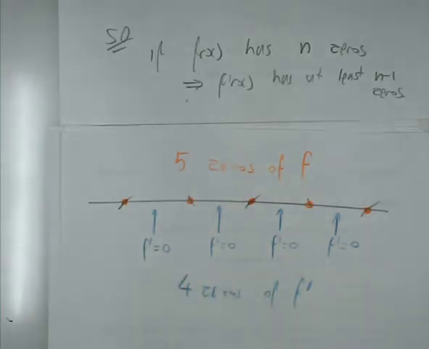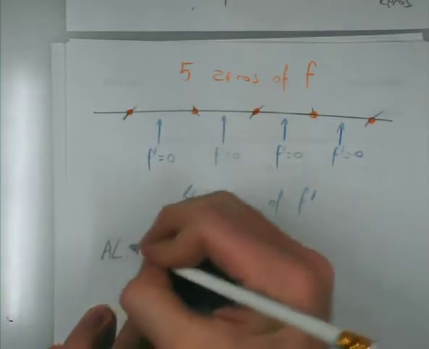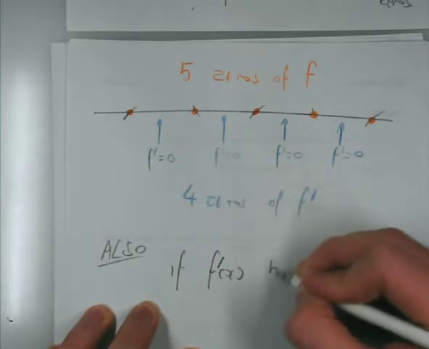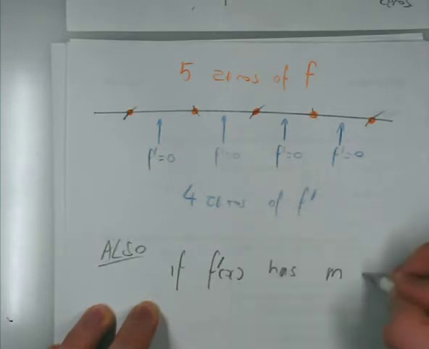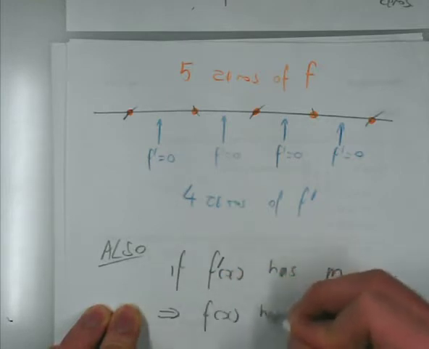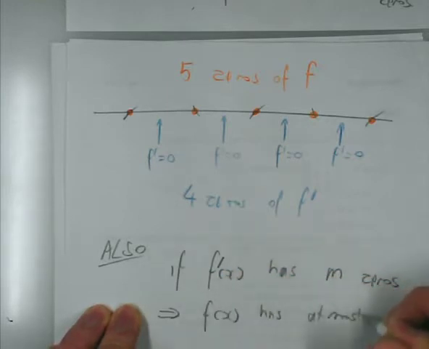Okay, you can do it backwards as well. So if you know that f dashed has, say, 4 zeros, that means that f can't have any more than 5, because if it had more, then f dashed would have 5 or 6. So if f dashed of x has m zeros, that means that f of x has at most m plus 1 zeros.